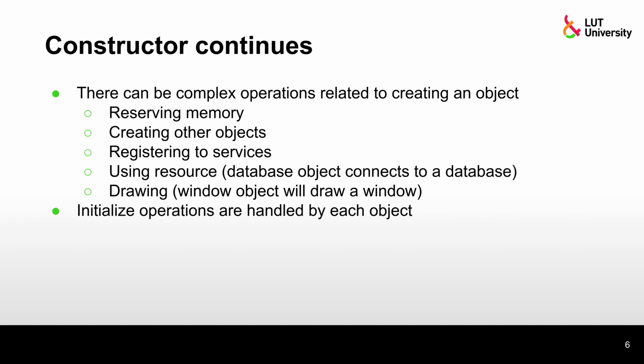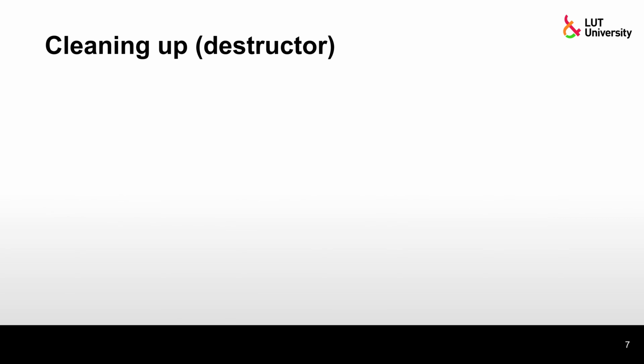And these initialize operations are handled by each object. So if you are creating 3 windows, then there will be 3 different constructors building those windows. And all these operations mentioned above are things that the constructor can handle.